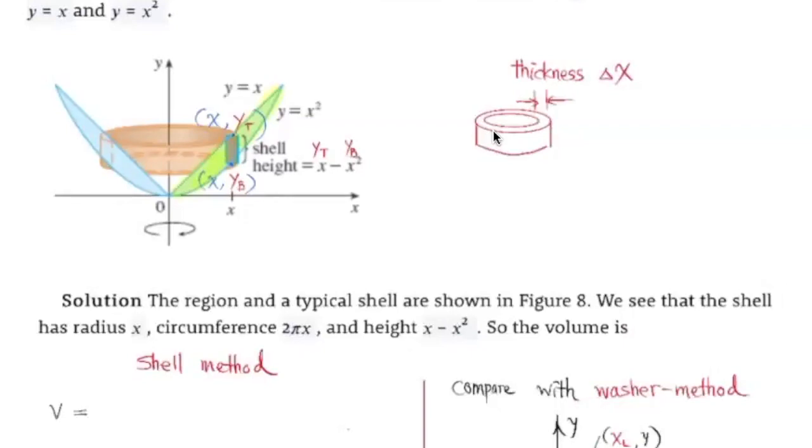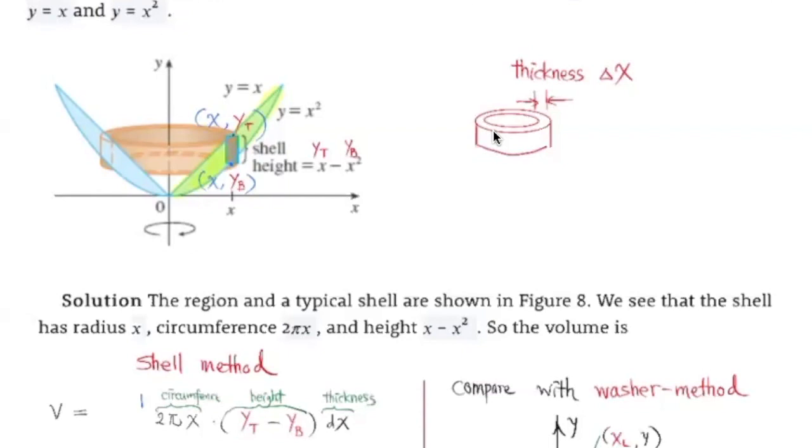If I use the shell method, the circumference of each shell will be 2 pi x. And the height of the shell will be the y coordinate on top, subtract the y coordinate down here. The thickness of the shell is dx, delta x.